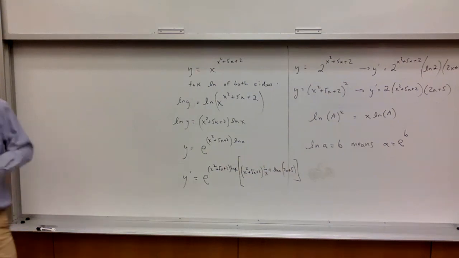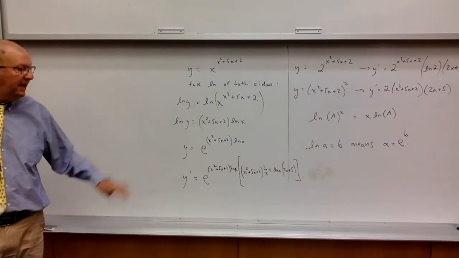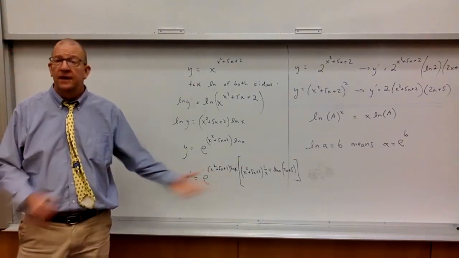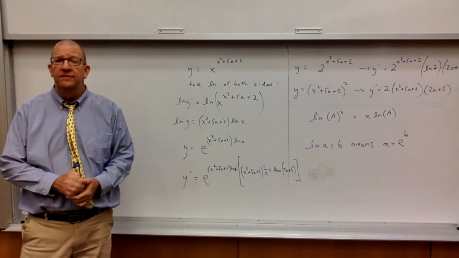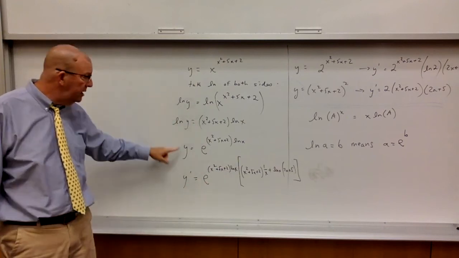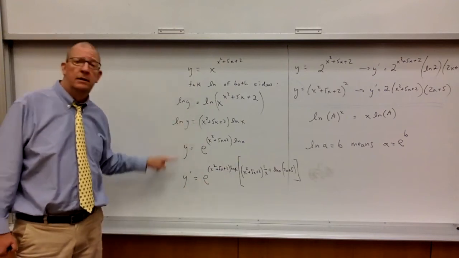Now, sometimes you can simplify it, but that's basically our answer. And this is logarithmic differentiation. So you've taken the natural log of both sides. And this is how it works. Natural log both sides, put it in exponent form, do your derivative.